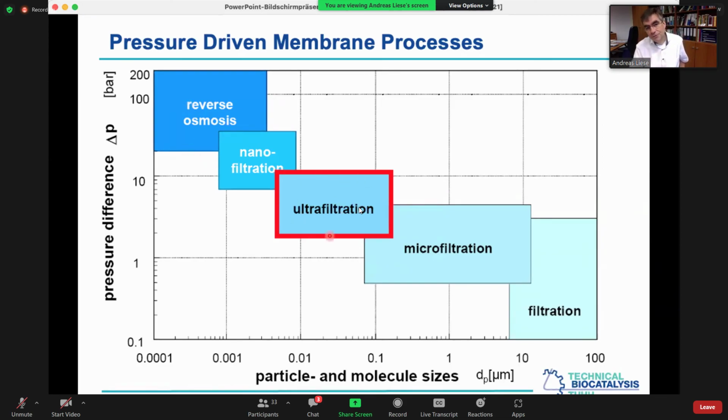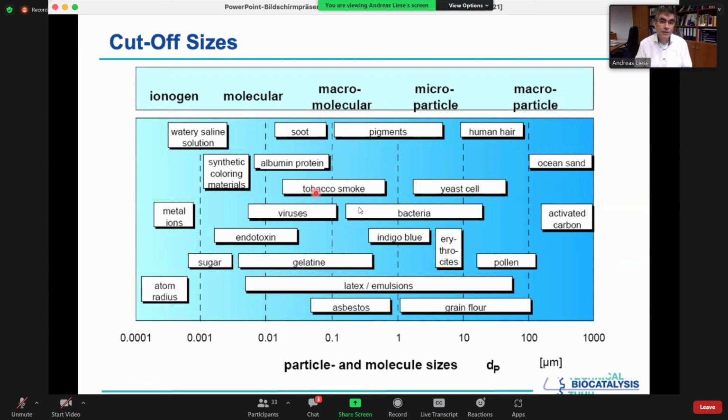Let's take a look at ultrafiltration. That's what we're using, large scale or small scale also, to retain homogeneously solubilized proteins in liquid. So to recycle enzymes, for example, in a stirred tank reactor, in an enzyme membrane reactor. Here you see the same scale on the x-axis, but now with different kinds of sizes of components.